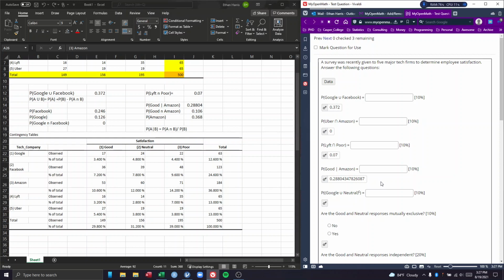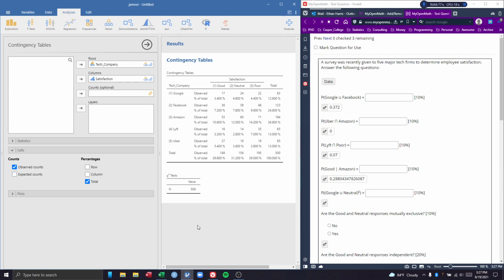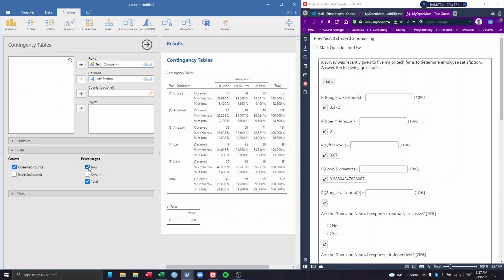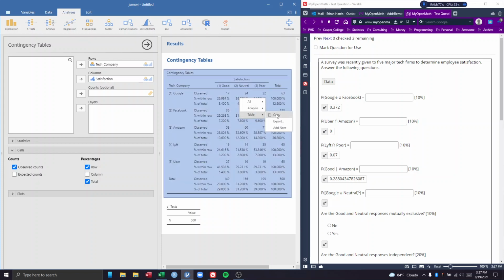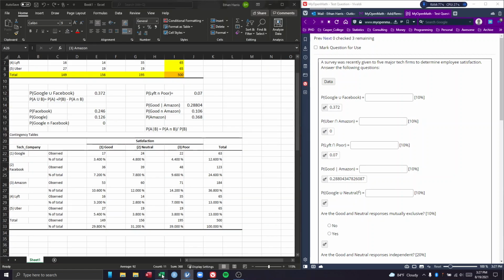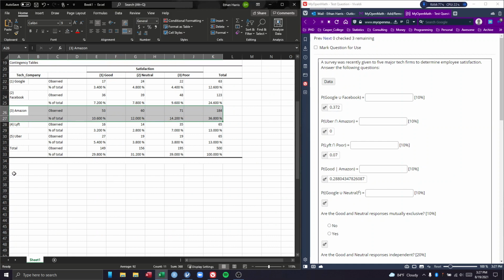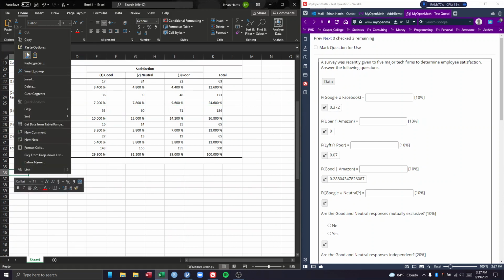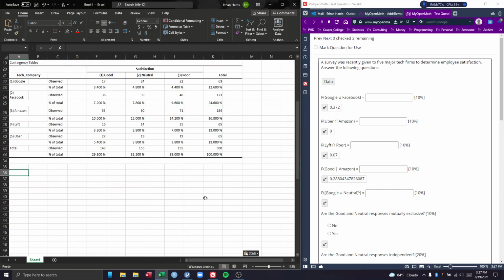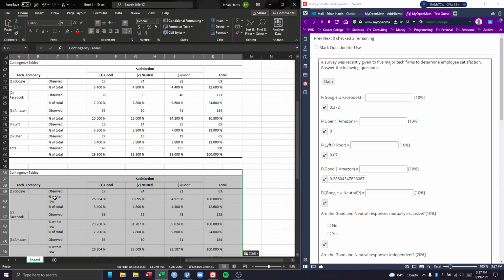Okay, there's actually an easier way even with another additional Jamovi tool. So let's go over here and let's actually look at row percentages. So we're going to click on row, let's copy this, let's head back to Excel. Coming on down, let's go ahead and paste this in. And if you notice, we have an additional row. So we have percent within row.